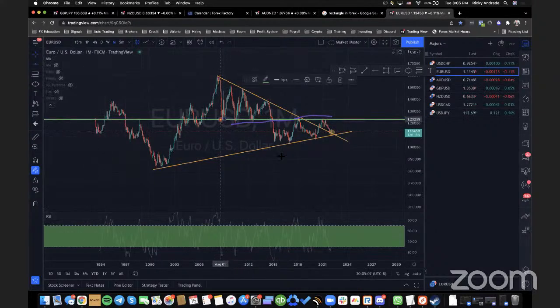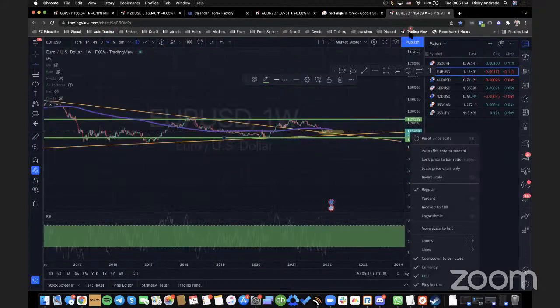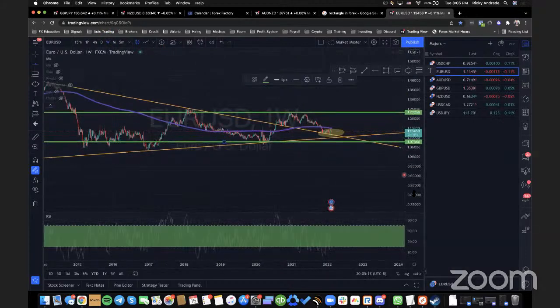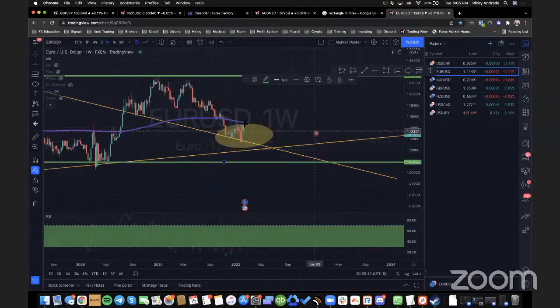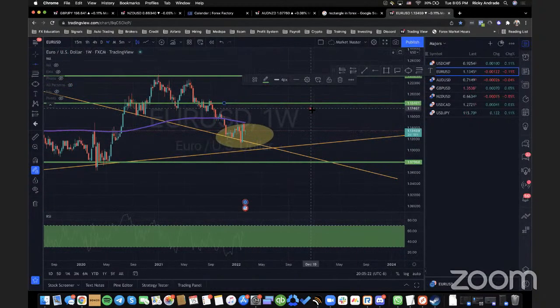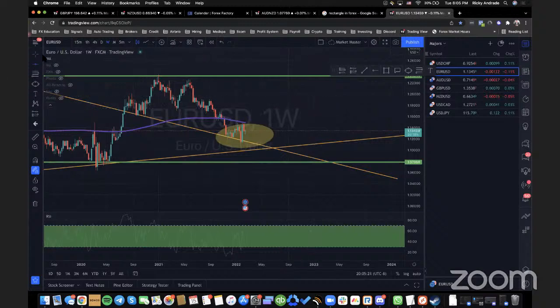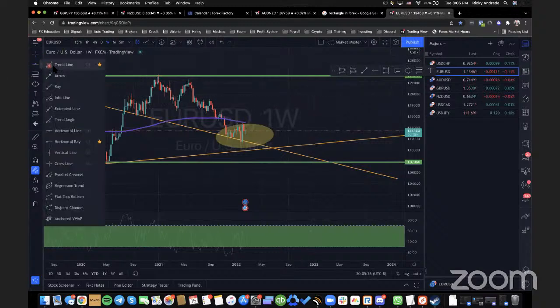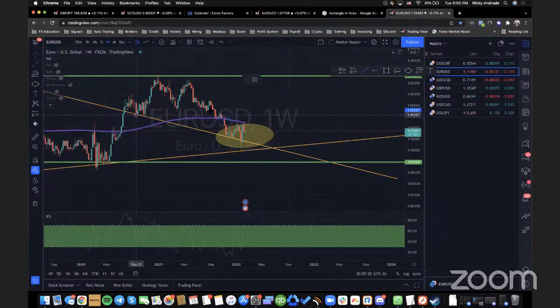Let me just point out this strong resistance area. Strong support. Okay, so I actually got in.